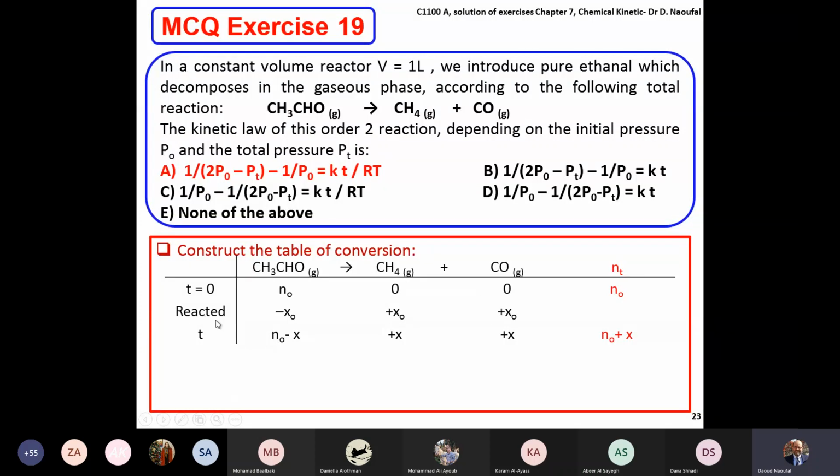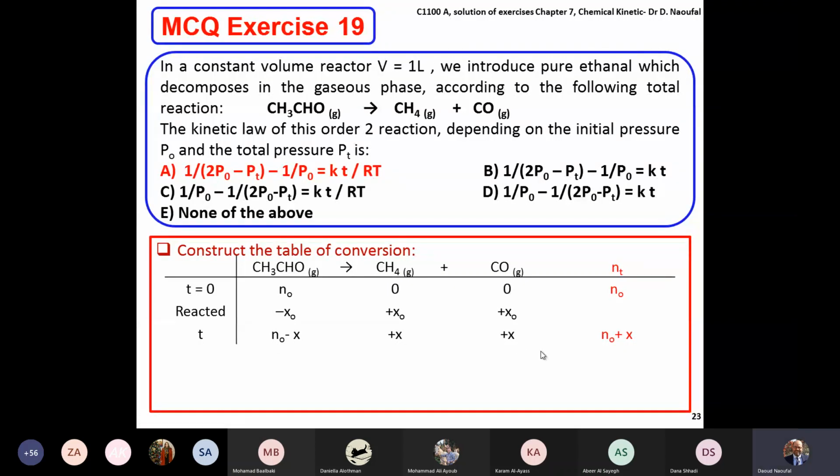So the quantity remaining at time t is N0 minus X0, plus X, plus X. X0 and X are the same, but I use X0 to say that X reacted from N0. So at time t: N0 minus X, X, X.